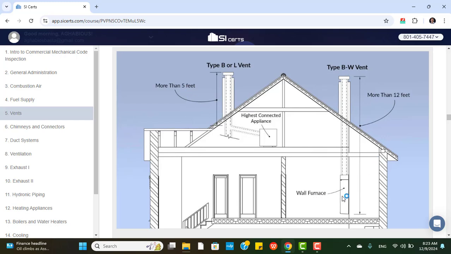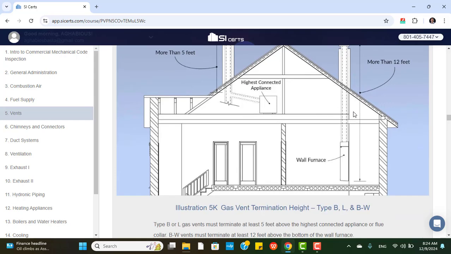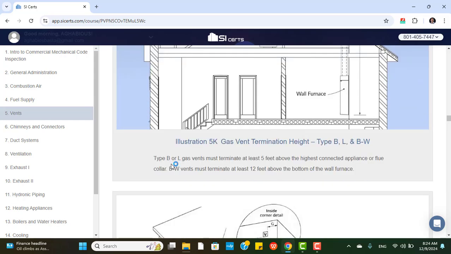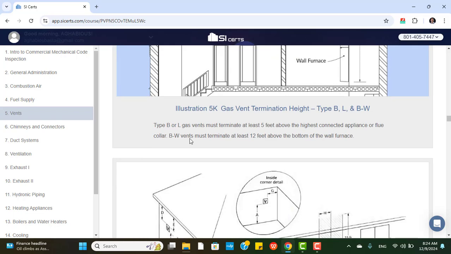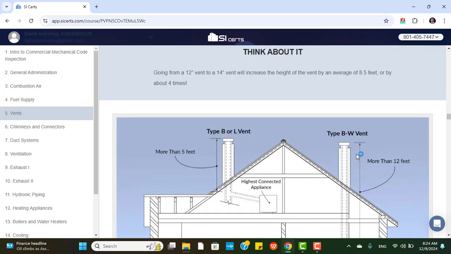And here this wall furnace is connected to type PW vent, where the height must be 12 inches. Type B or L vents must terminate at least 5 feet above the highest connected appliance or flue. And type PW must terminate at least 12 feet above the bottom of the wall furnace.